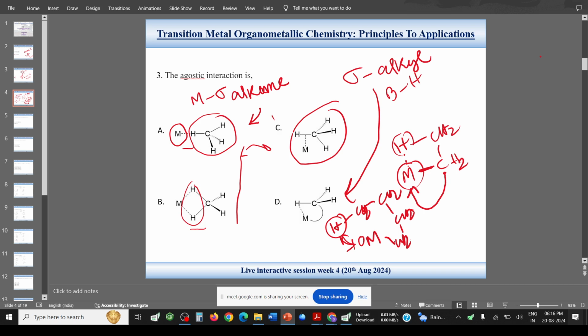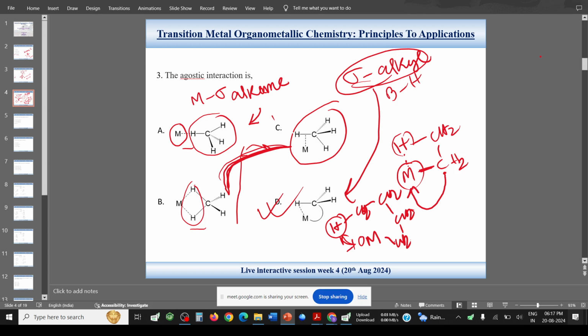So the agostic interaction only occurs in sigma alkyl complex when the carbon atom is linked to the metal. So here option D will be the right answer. You can refer to the last, I think 17 or 18 lecture, where these three types of interaction in sigma metal sigma alkane complex are explained.